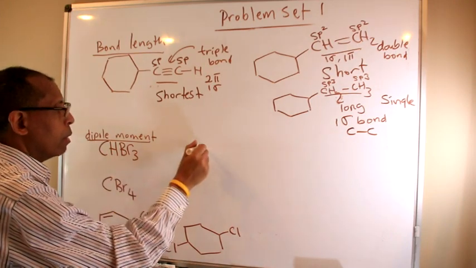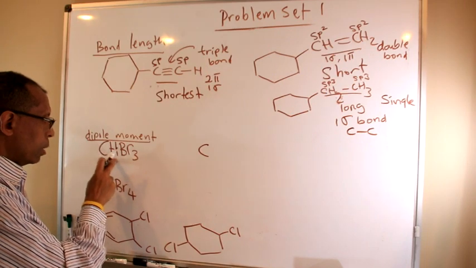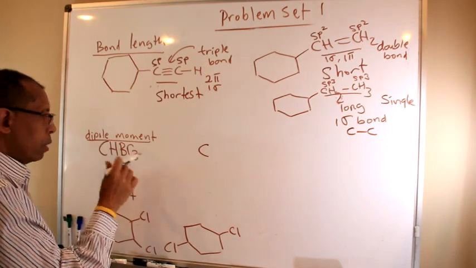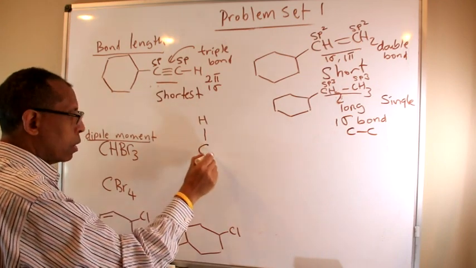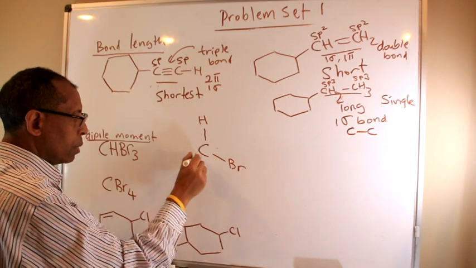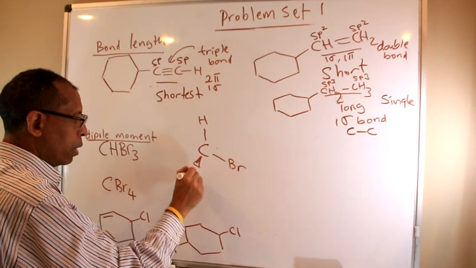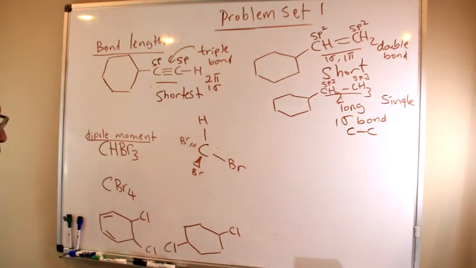CHBr3. If you draw the tetrahedral, this is tetrahedral because carbon is attached to 4 atoms. So when I draw a tetrahedral, I have my Br here, and one of the Br here, another Br into the plane of the board.